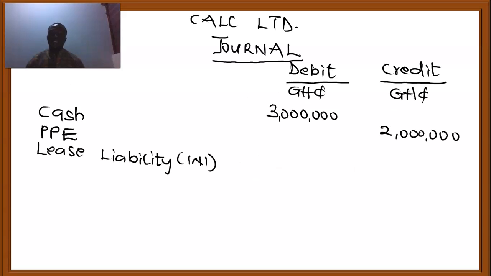So we go back. A liability has a credit balance, so we write 1,895,400.